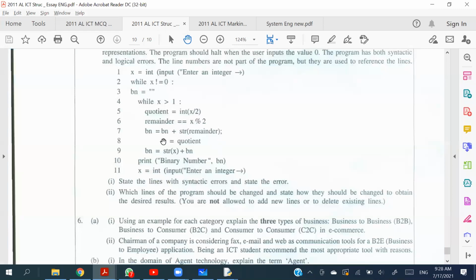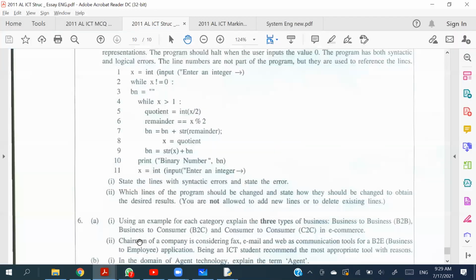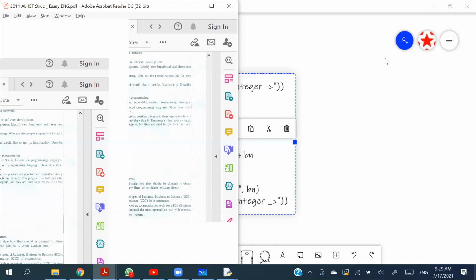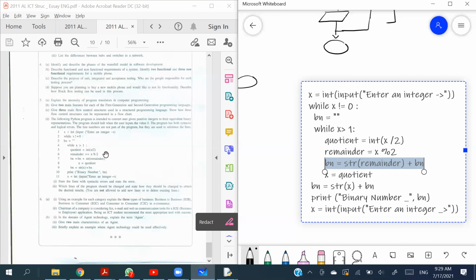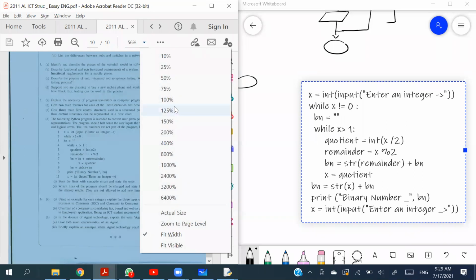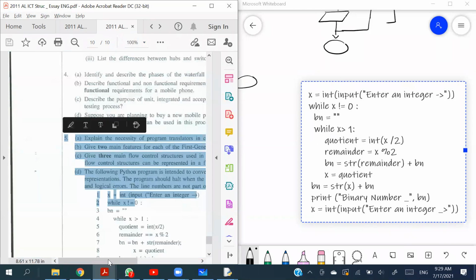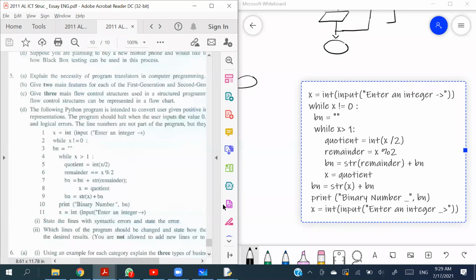I'm sorry, x equal quotient thing. They have taken it to the correct position, and here the place they have got it changed. Right, you can see what are the changes that they have done.